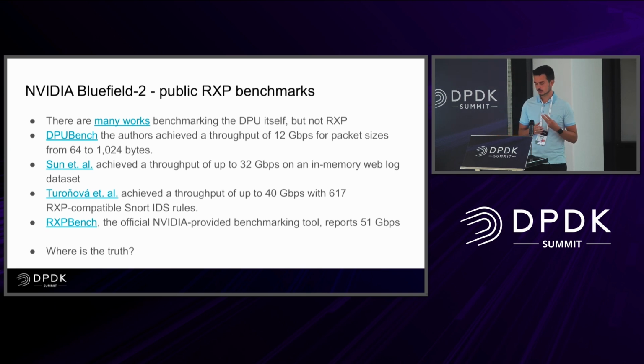We found, let's say, these four main works, but all of them had very different results. The DPU bench had only 12 gigabytes of throughput, which seemed very low. Then some other works improved the throughput to 30 to 40 gigabits. And then the NVIDIA-provided benchmark reported 51 gigabits. So we wanted to test it ourselves.